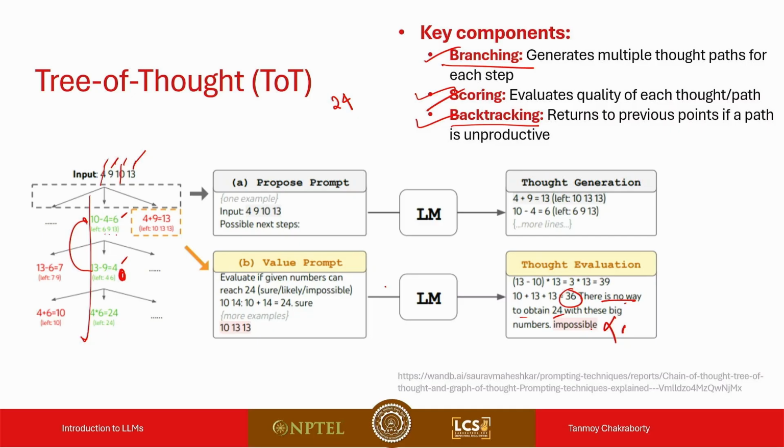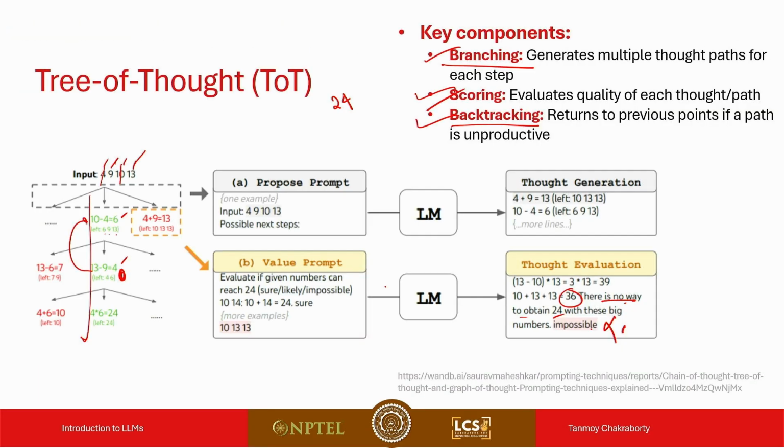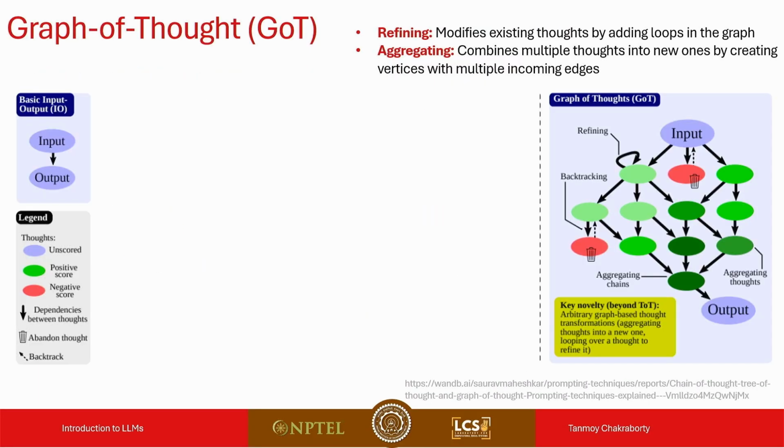Now the obvious choice is that from chain of thought you have tree of thoughts. What next? Graph of thoughts. In graph of thoughts, the idea is that all these chains are connected, as you see here. The green circles indicate that your scoring module says that this is a positive score, whereas this kind of circle indicates that this is unscored, and a red circle indicates that this is a negative score.